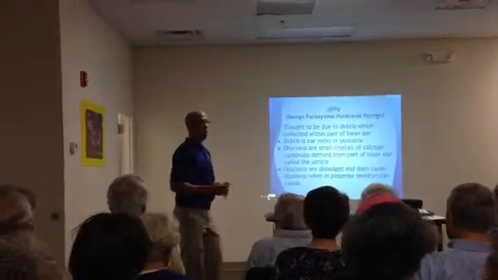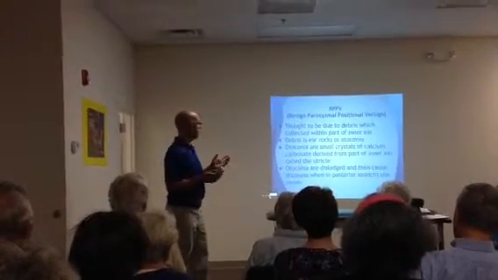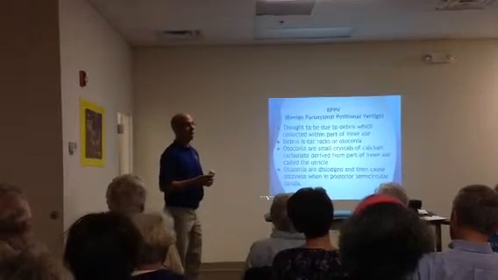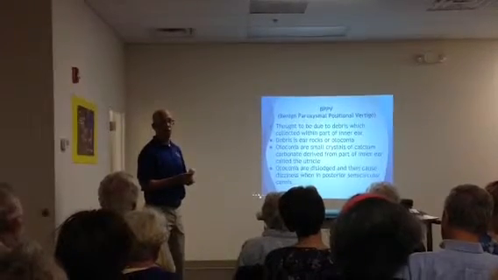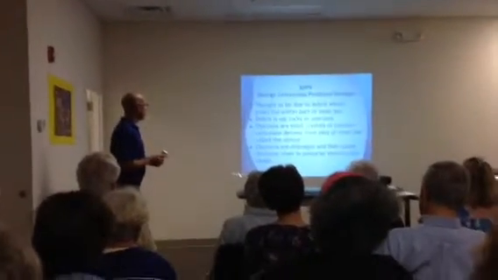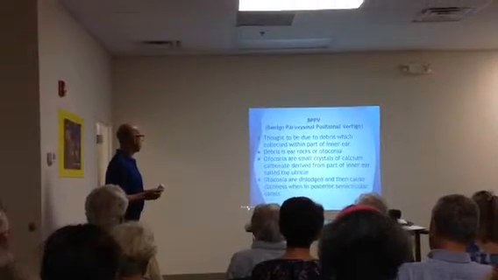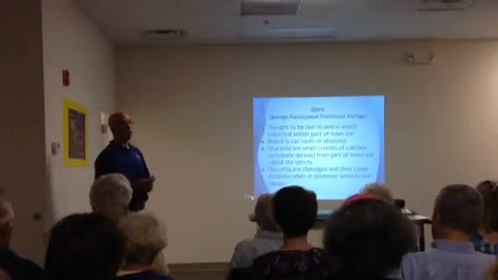Okay, so let's talk about the most common type of vertigo. It's the most common problem in the vestibular system, and that's BPPV, which is a mouthful. It's benign paroxysmal positional vertigo. And it's thought to be due to debris which is collected in the inner ear. The debris, like we talked about, is ear rocks, or otoconia.